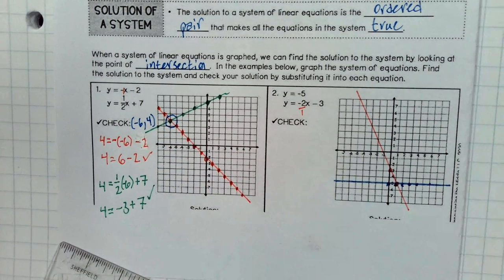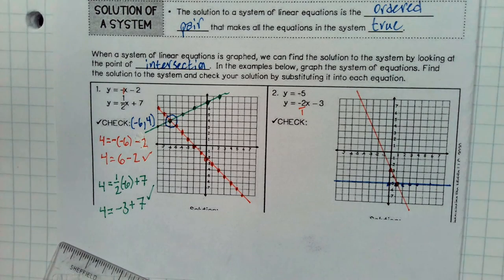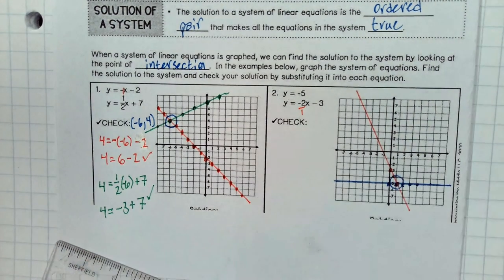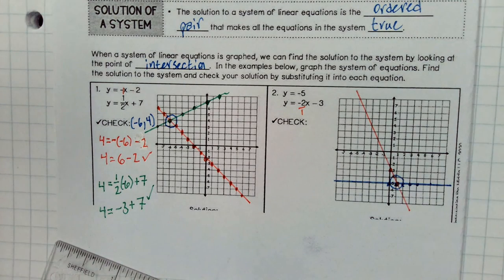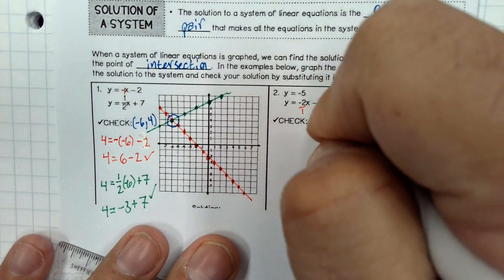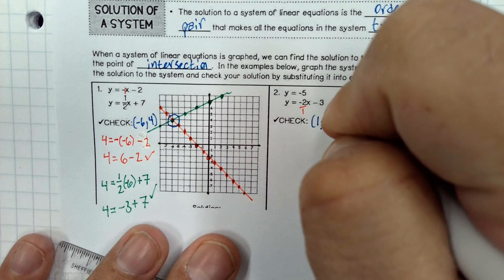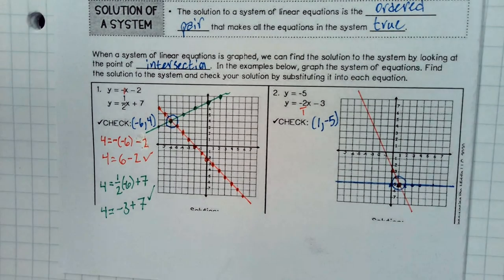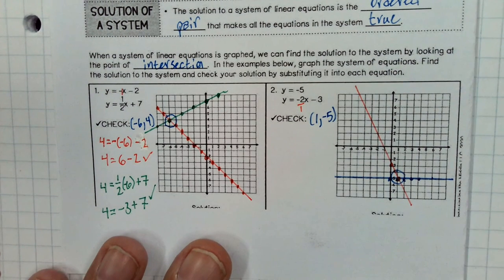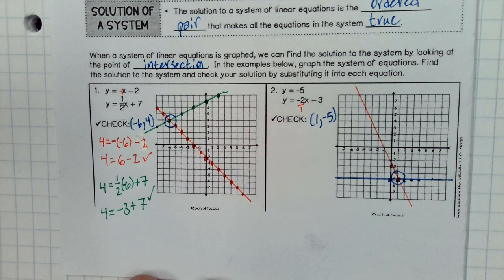We have an intersection point right here at 1, negative 5. Okay? At 1, negative 5.